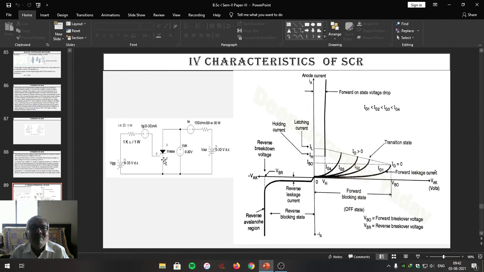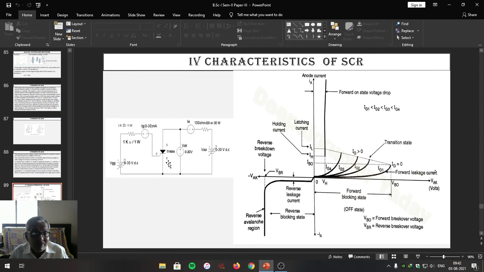Friends, we are aware that when anode and cathode are reverse biased, junctions J1 and J3 are reverse biased, whereas J2 is forward biased. When the supply voltage is 0, naturally the SCR doesn't conduct current.